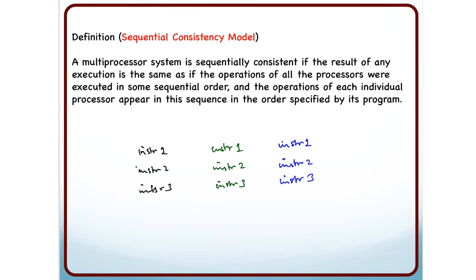So what are the possible orders? One possible order is that instruction 1, instruction 2, instruction 3 get executed, and then the next 3, and then these 3 get executed. That's one order, but there are lots of orderings, right?